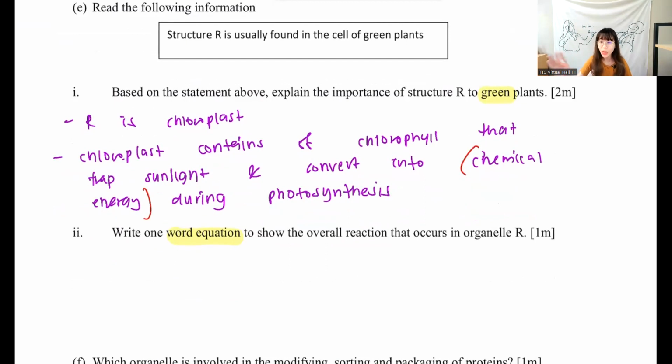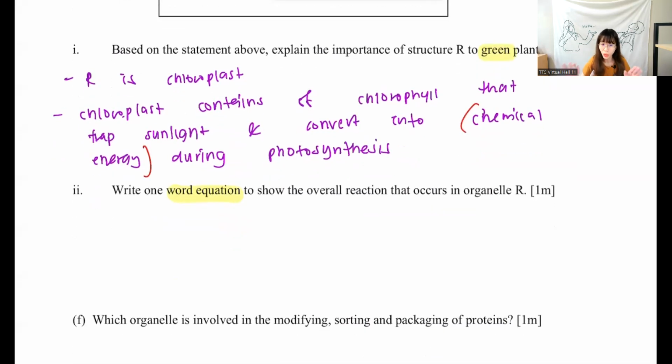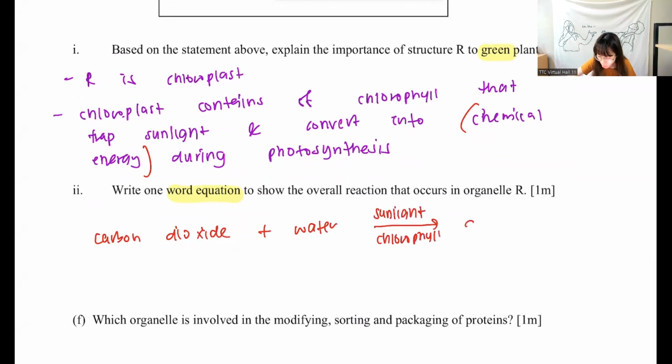So what do they produce? They will produce glucose and also oxygen. So you can write carbon dioxide and water, with the presence of sunlight and chlorophyll, they will produce glucose and oxygen.